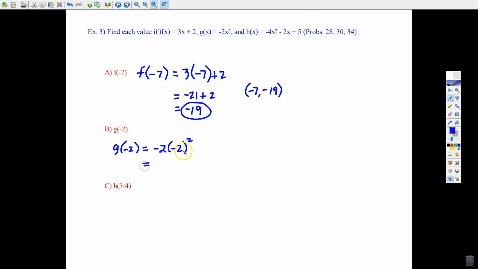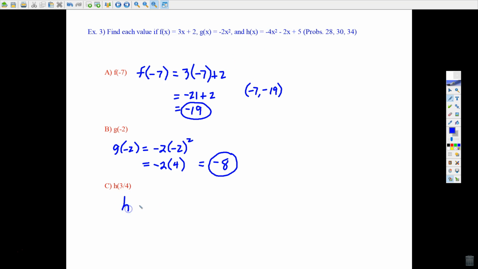And this is where you have to be careful. Remember PEMDAS, you do the squaring first. -2 squared is +4, and then you do the multiplication. So the answer for letter B is -8. And then finally, this letter C is evaluate h of 3/4.